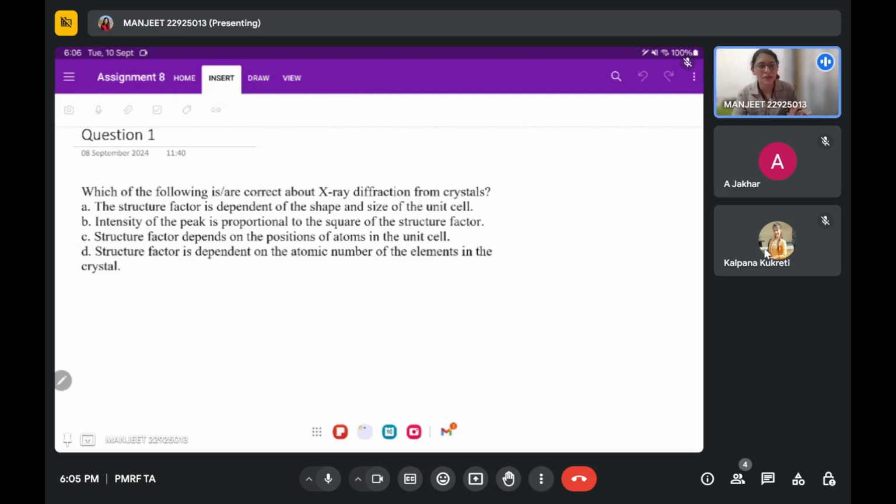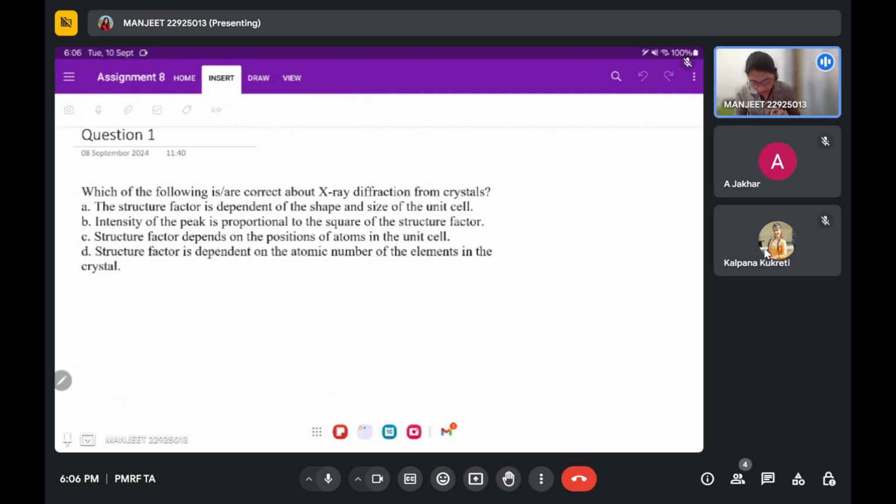You get peaks for certain HKL values, and where there is destructive diffraction there is no peak, with zero or minimum intensity. So you have to tell which of the following statements are correct.